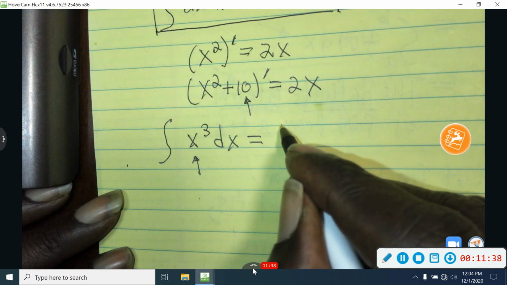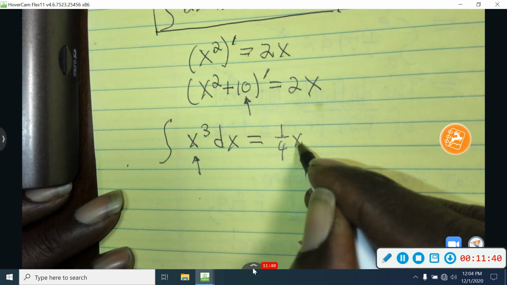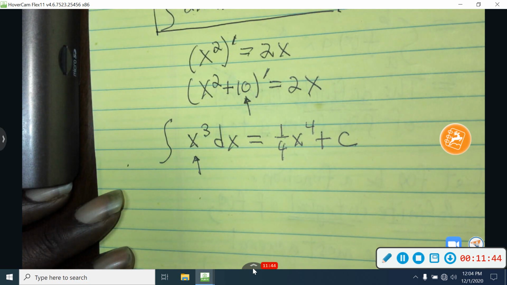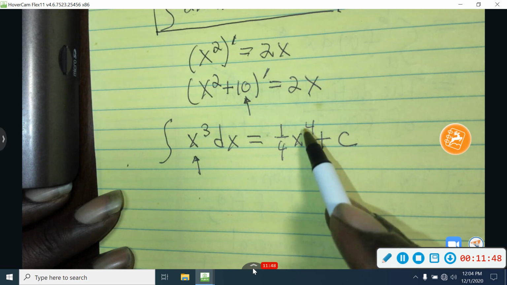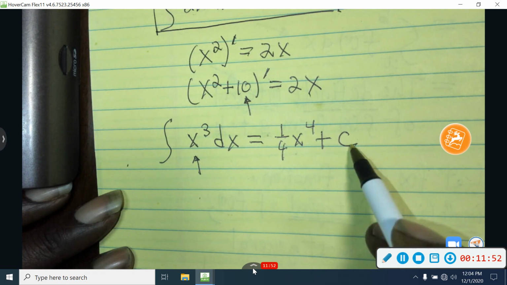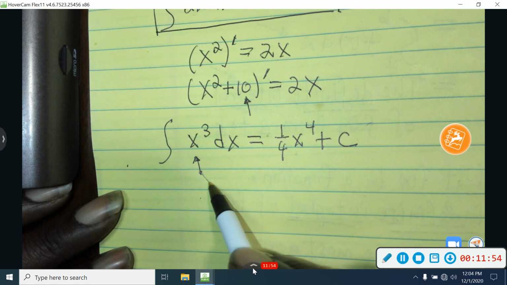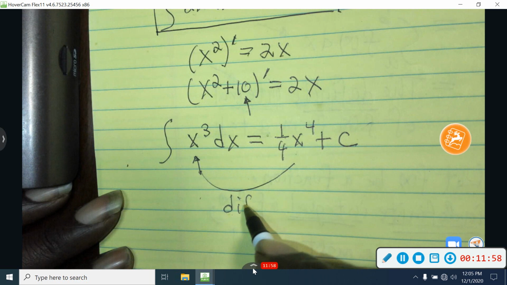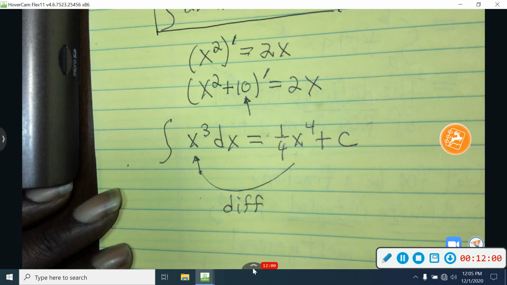So how about 1/4 x to the 4th plus some random constant? Okay, so when you take the derivative of this, the 4 comes down, kills itself with the 1/4, and leaves x cubed, and the derivative of the constant is 0. So the derivative of this is this.